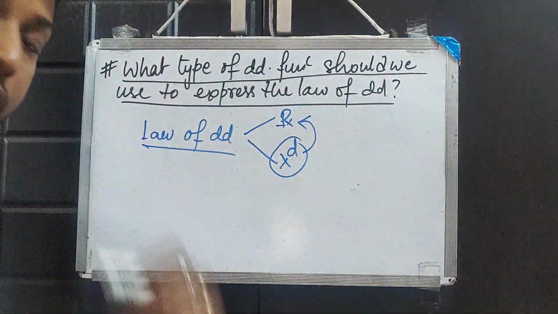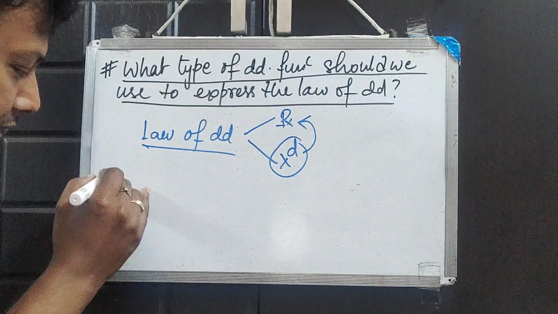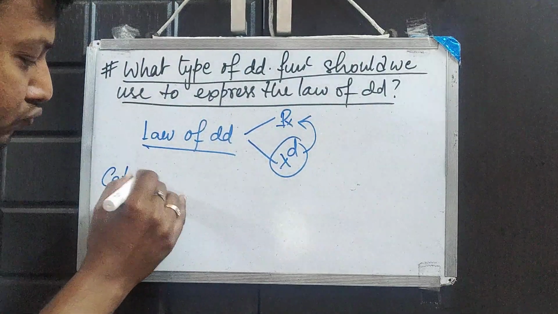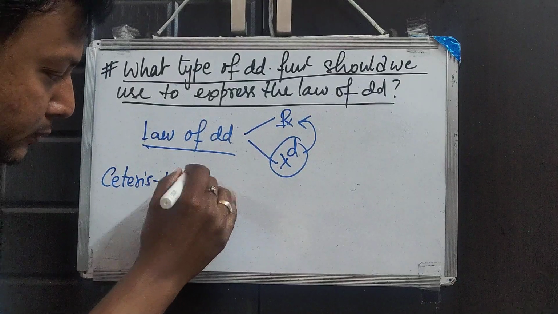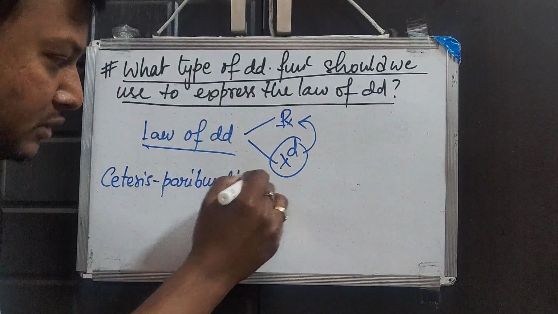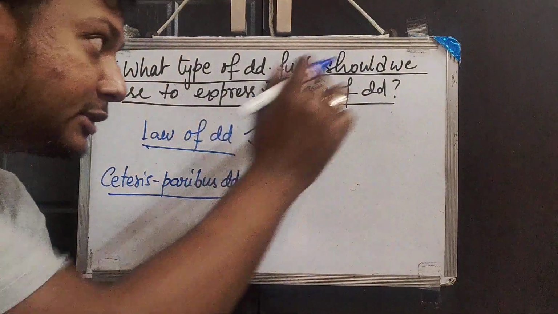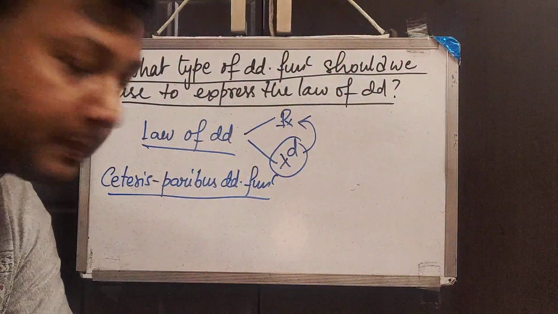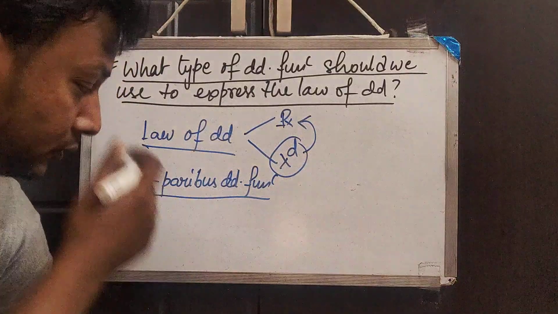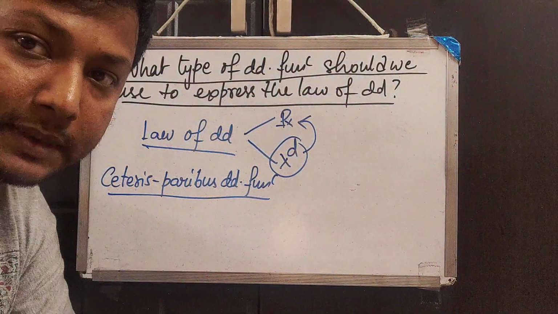So obviously we will be using a ceteris paribus demand function to express the law of demand. So what is the definition of a ceteris paribus demand function?